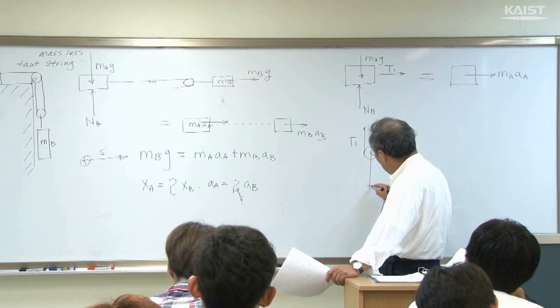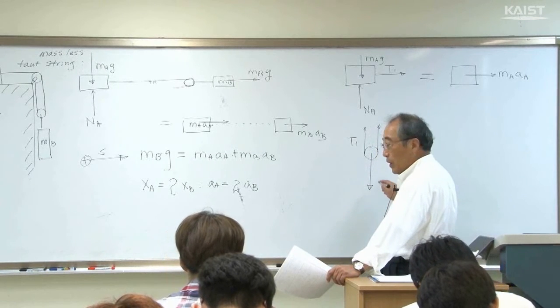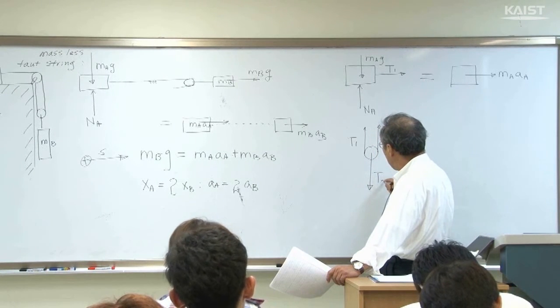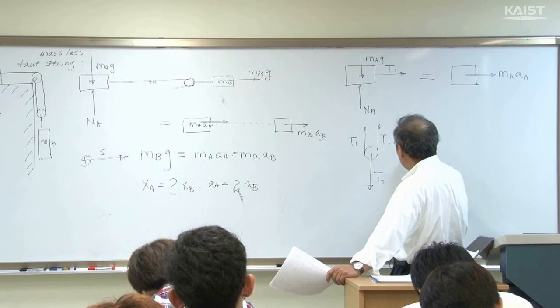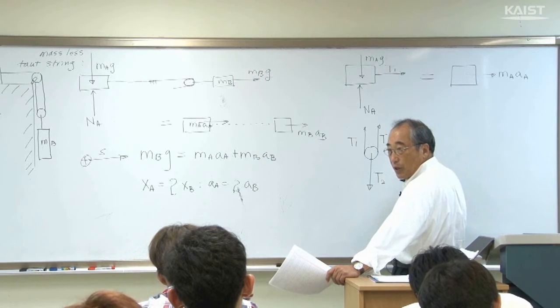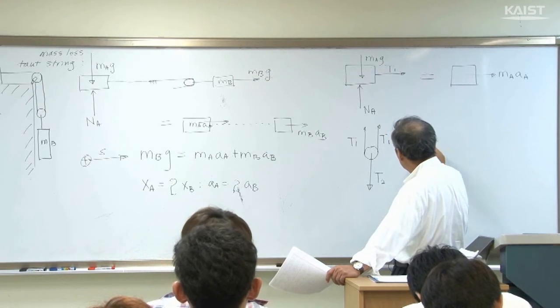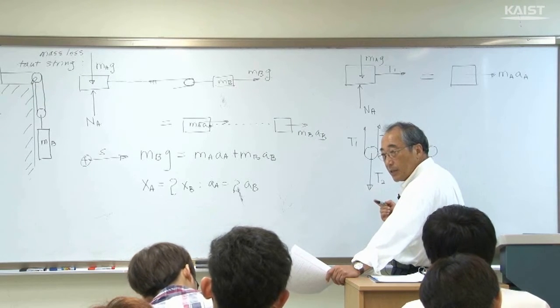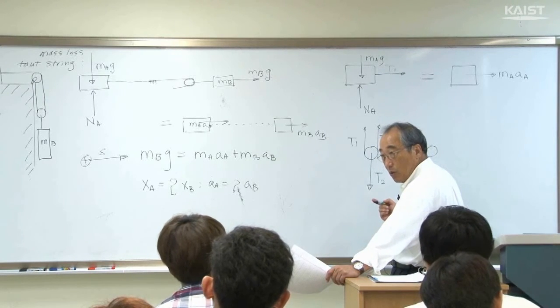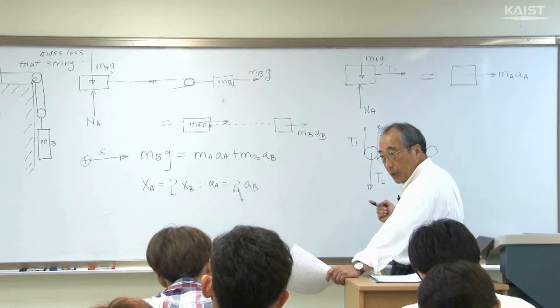And also there is another tension acting on this pulley that has to be T2. Because we assume that the pulley is massless, the net force has to be 0. Again, I am emphasizing that we are applying Newton's second law on a massless pulley.